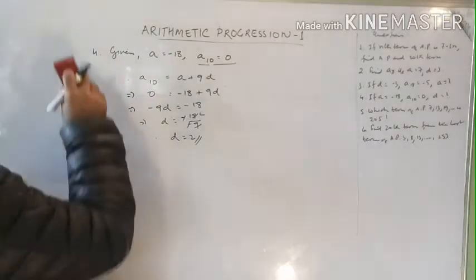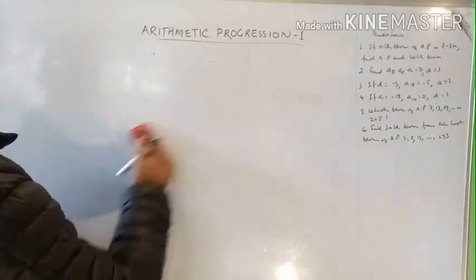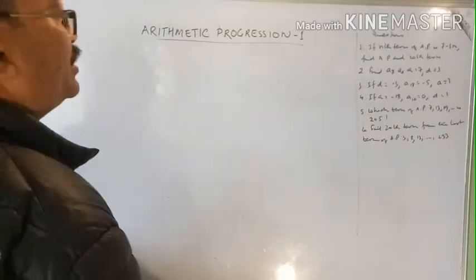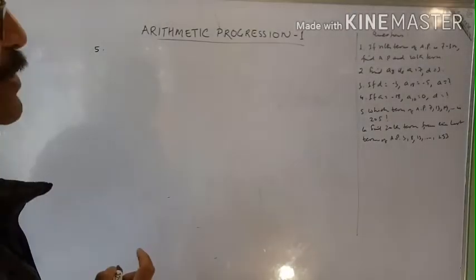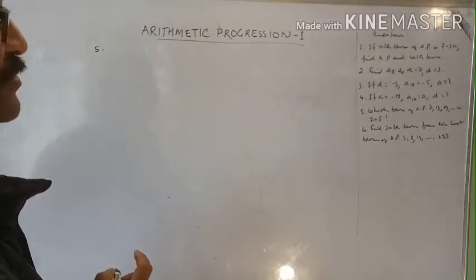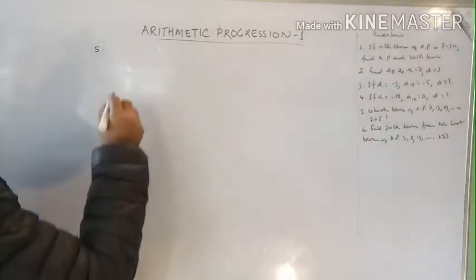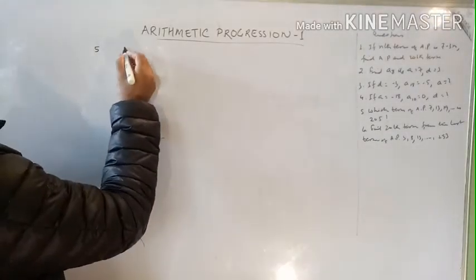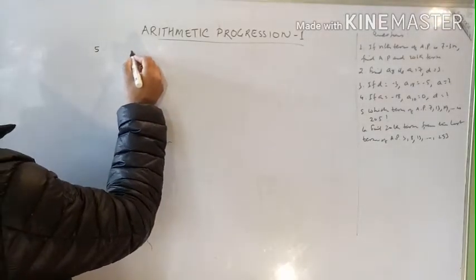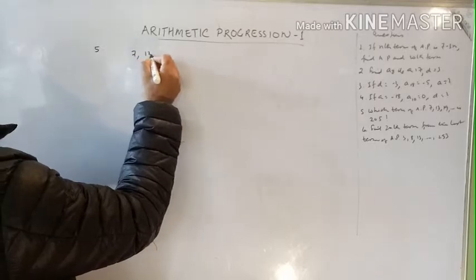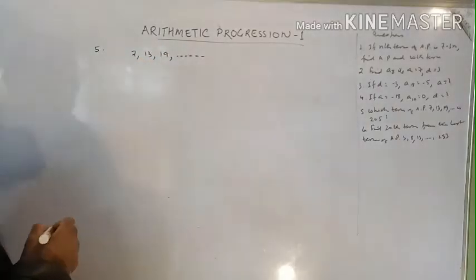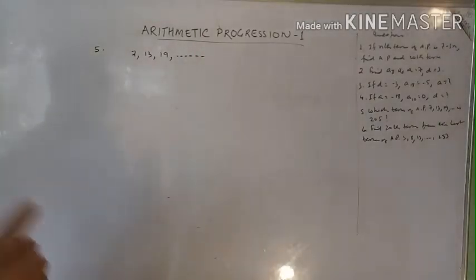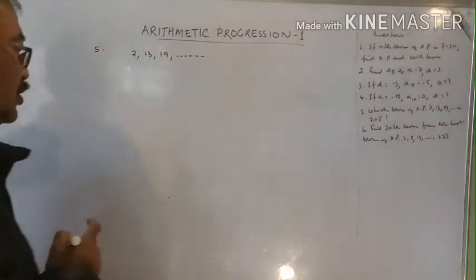Now we slightly increase the level of difficulty. Question number 5. Which term of the AP is 205? We are given the numbers 7, 13, 19, etc. The question says which term of this AP is 205?